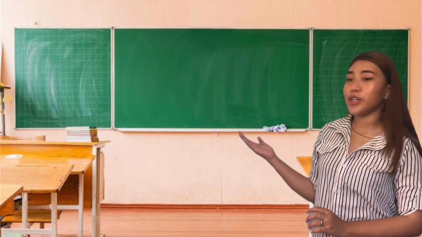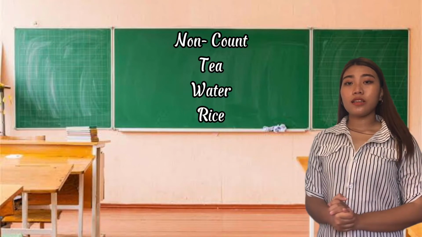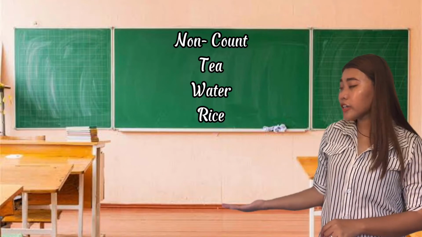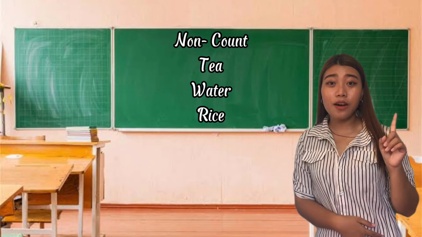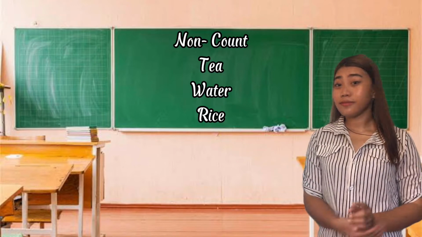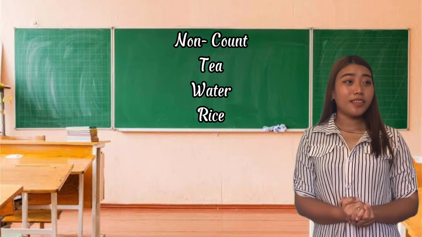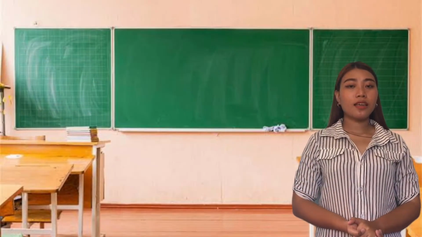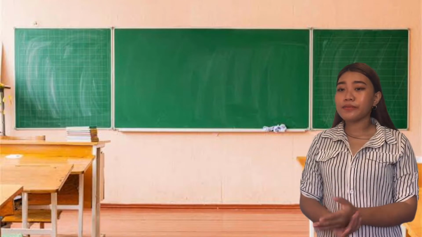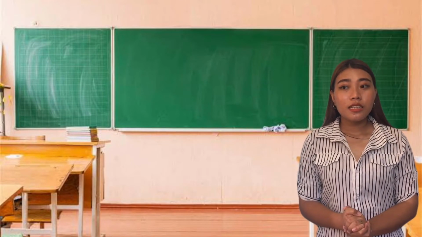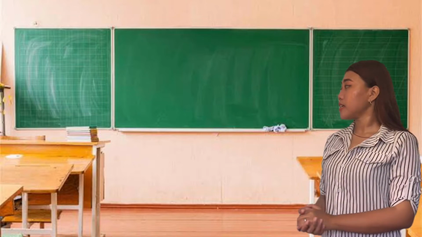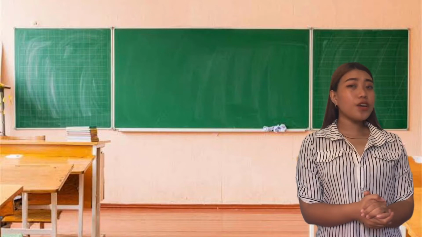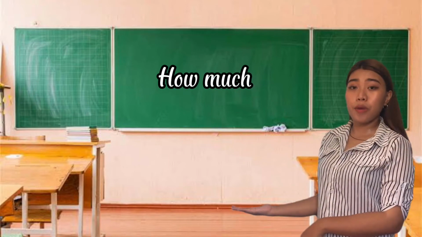For examples of non-count: tea, it can't be counted. Water, it can't be counted. Rice, it can't be counted. Are we all clear, students? In specific class, count nouns answer the question, how many? While non-count nouns answer the question, how much?